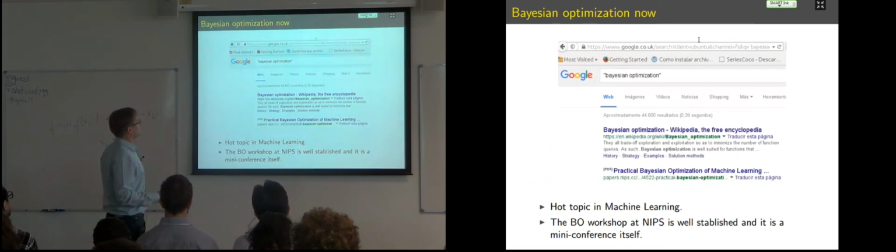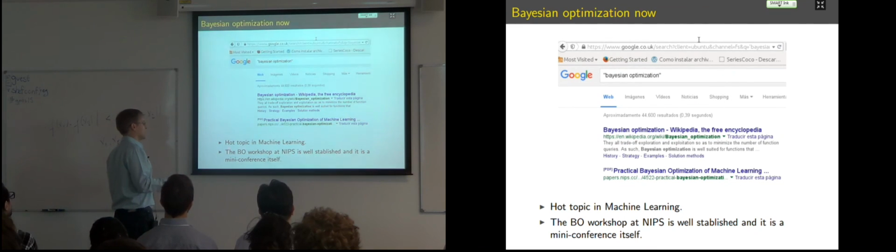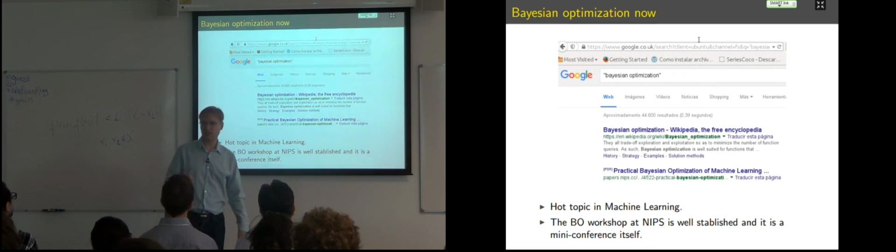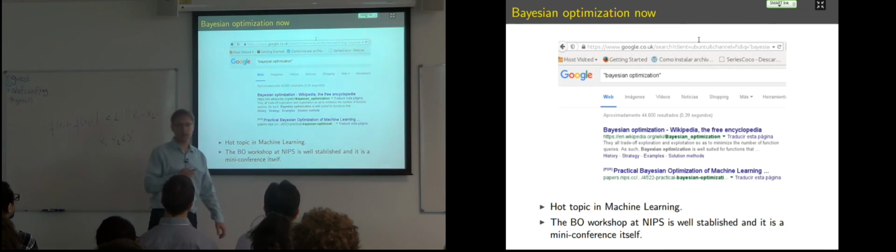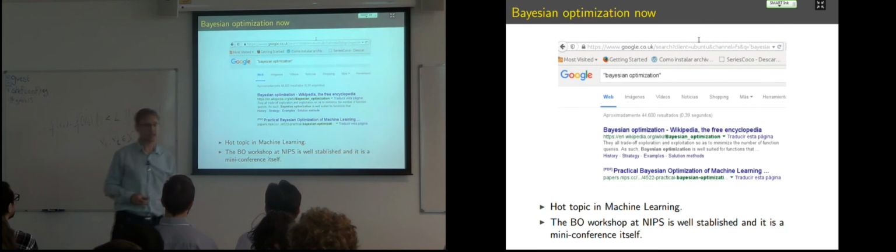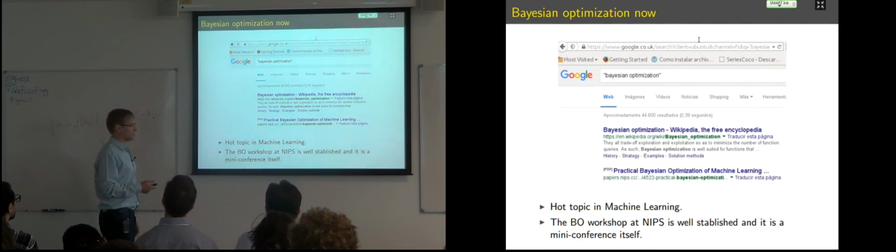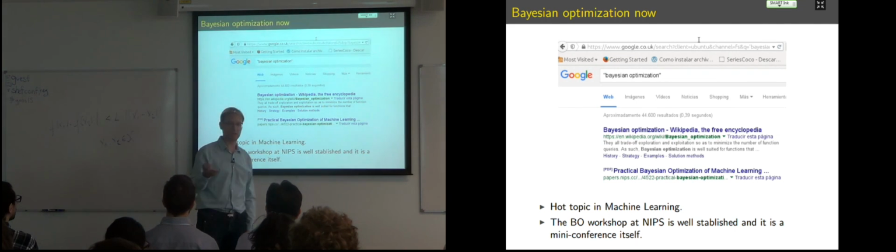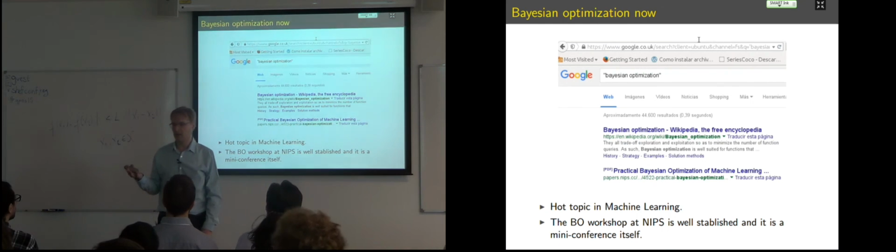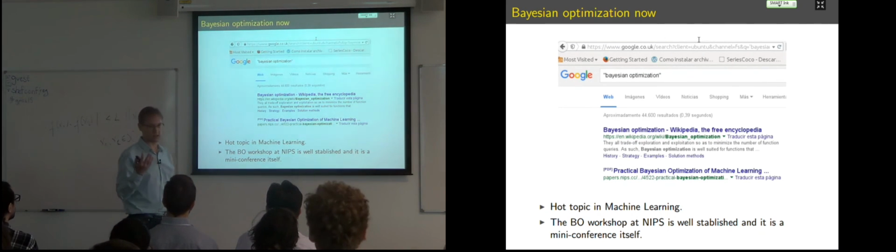So Bayesian optimization now is becoming a big thing in machine learning. So I just did this yesterday. If you go and write in Google Bayesian optimization, with quotes, so the whole thing, you have 40,000 results, right? So you can think that's a large number. And it's a hot topic in machine learning. Also, the workshop on Bayesian optimization at NIPS is becoming like a mini conference itself.